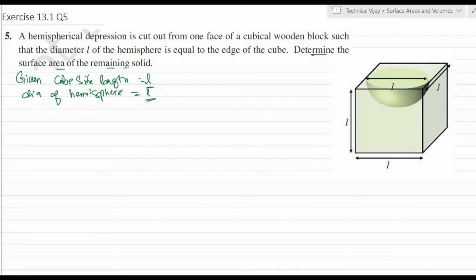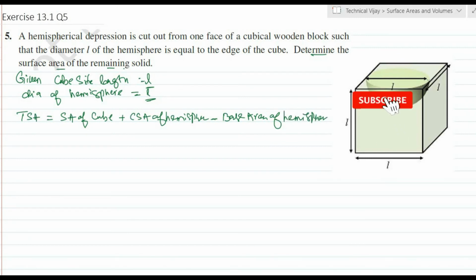So the total surface area of this solid is equal to the surface area of the cube, plus the curved surface area of the hemisphere, minus the base area of the hemisphere. The surface area of the cube includes this base area also, so from the total surface area of the cube we have to deduct the base area.